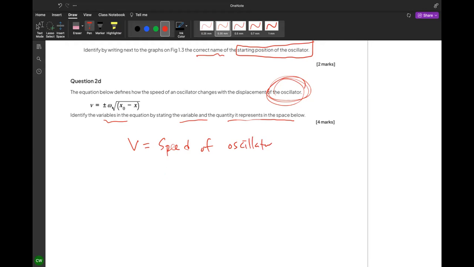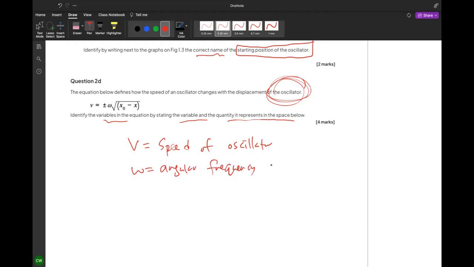Okay. Omega stands for what? Omega. I don't know. What is omega? Angular speed. Okay. It can be angular speed or angular frequency.